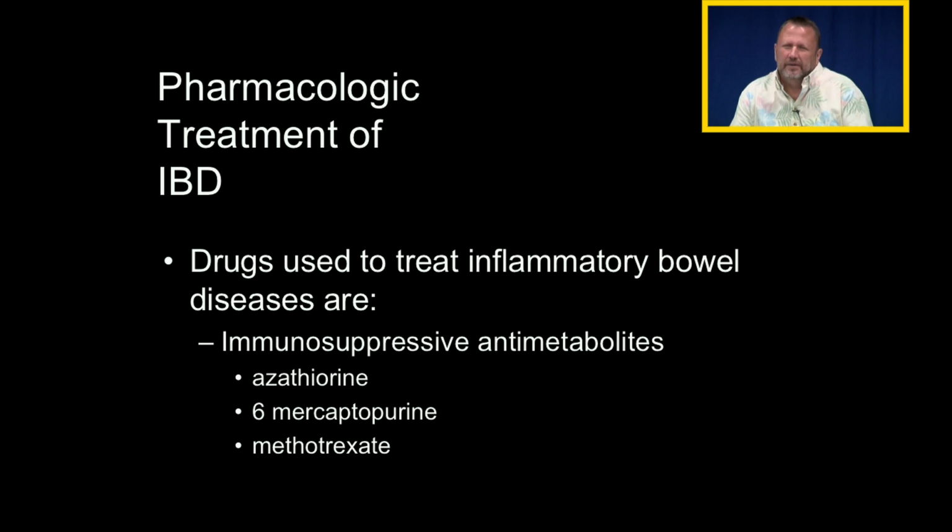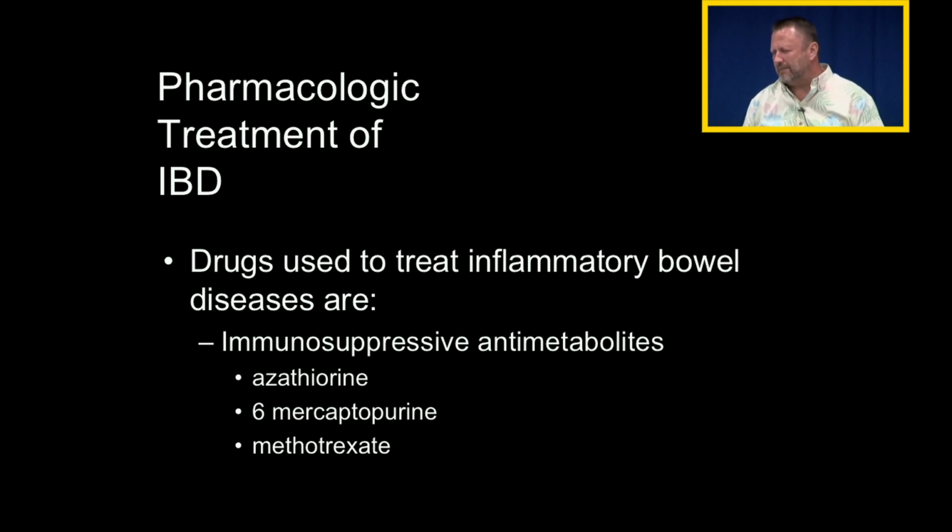All right, the main things that we use to treat inflammatory bowel disease are immunosuppressant agents. And so some of these drugs that we're going to use to treat inflammation are also going to be used to treat cancer. Don't be surprised if you see these anti-inflammatory drugs used in different settings, like arthritis. One of the major drugs used in arthritis can be used in Crohn's disease as well.